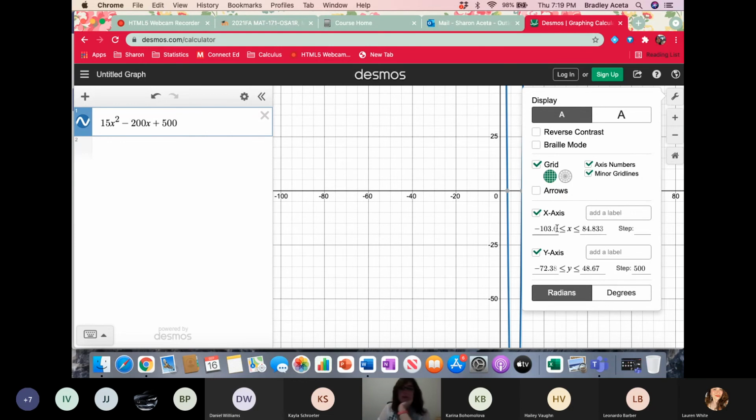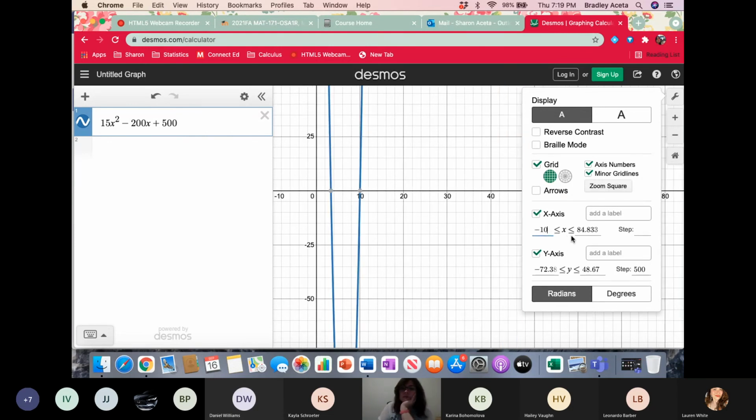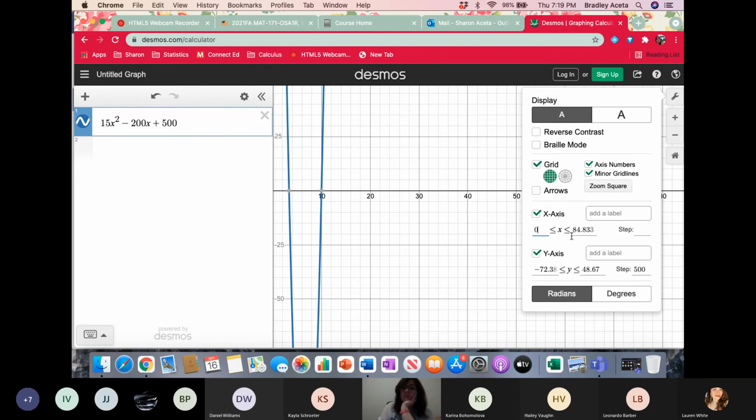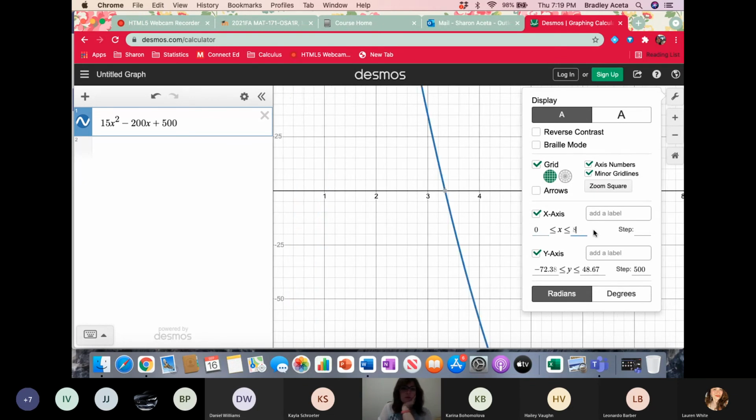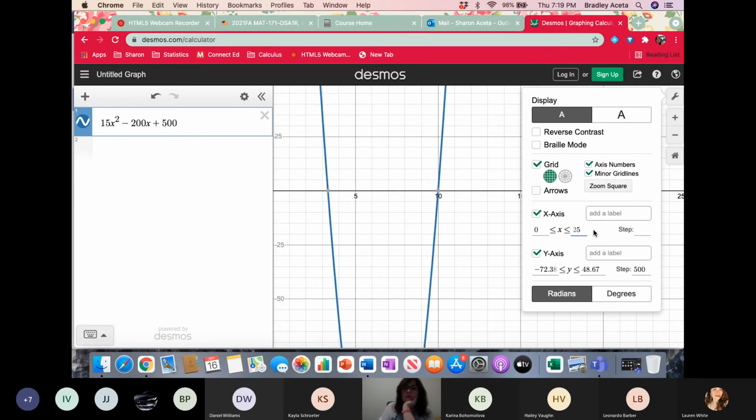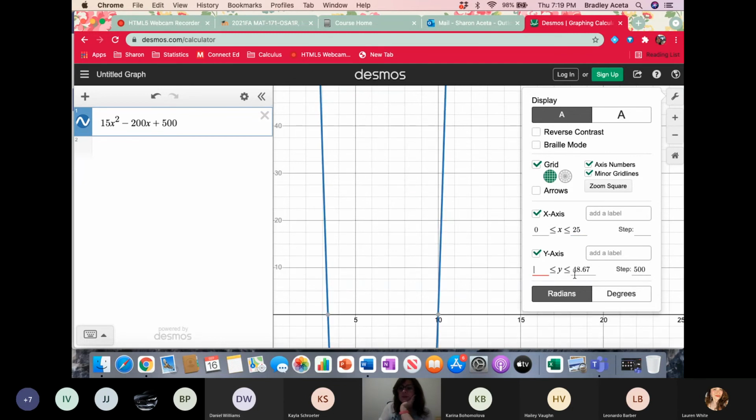I let the x-axis be from 0 to 25. And then the y-axis, again, the question was to go from 2,000 to 3,000.